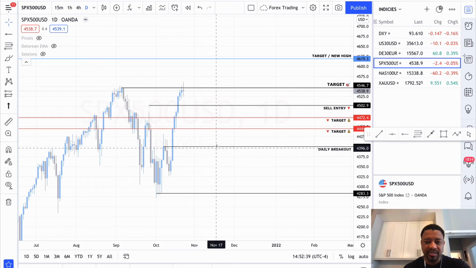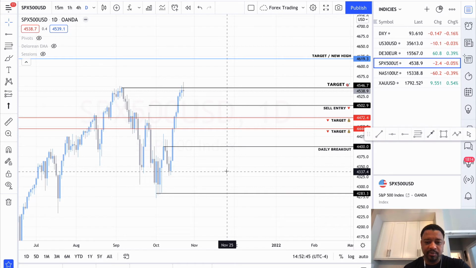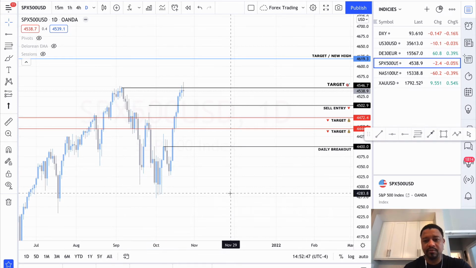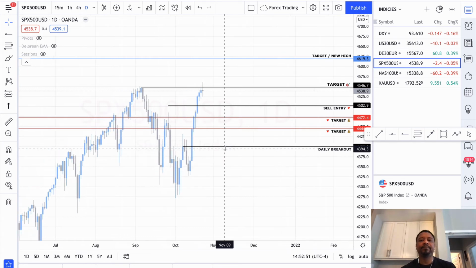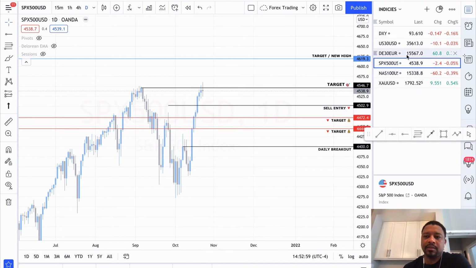So I'll be looking for price to come back, retest these areas. If it breaks below, here are potential targets. So don't need that. Let's stay here. All right, that's SPX.